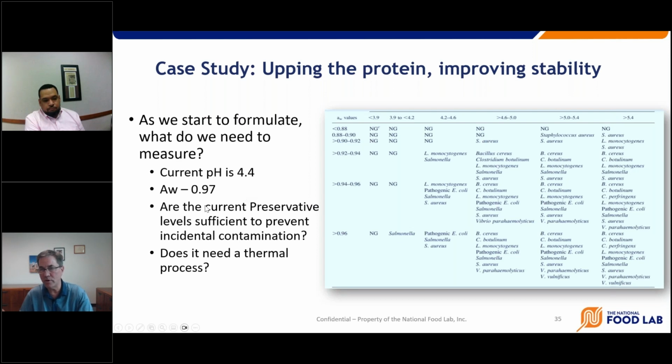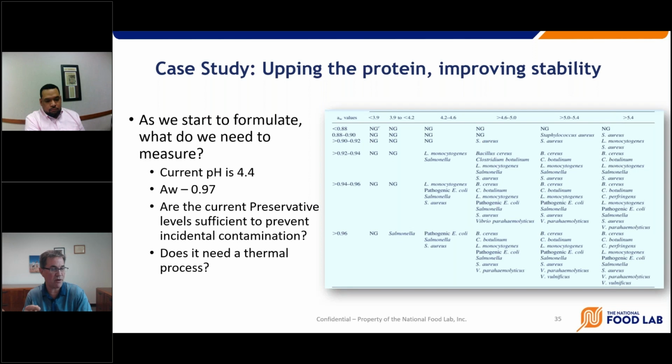It's basically water, right? So the water activity is 0.97. And so you have to ask the question, are the current preservative levels sufficient to prevent the incidental contamination, right? So benzoate and sorbate tend to be better against yeast and molds. And then the secondary question is, would it be okay with a thermal process?